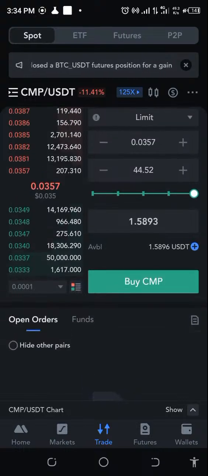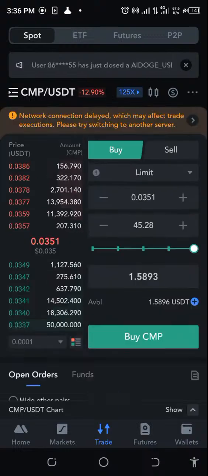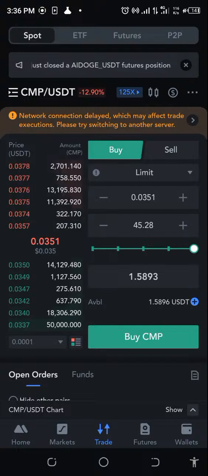Okay, so what do I do? I shouldn't have removed it. Anyways, let's think on our feet and decide what we're going to do. So what I've decided is that I'm just going to leave this $1.58 alone, and then I'm going to send it as XLM later on.